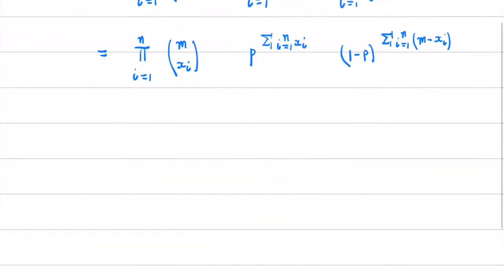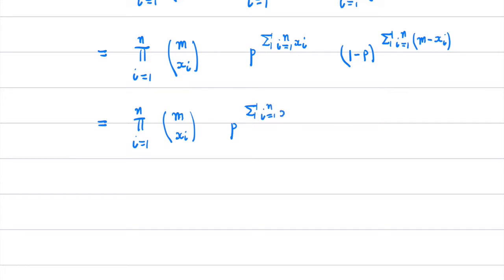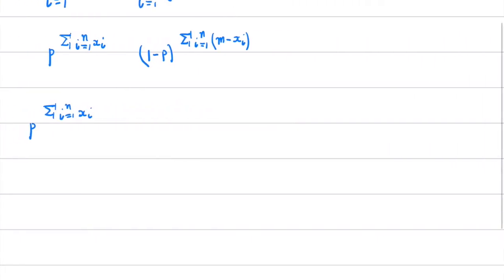Now we're almost done. I'm just going to do one more bit of simplification. This stays the same, the product of m choose xi. This stays the same, p to the sum i equals 1 to n of xi. However, in this particular expression, what I want us to notice is that here we're summing that m at the front n times.